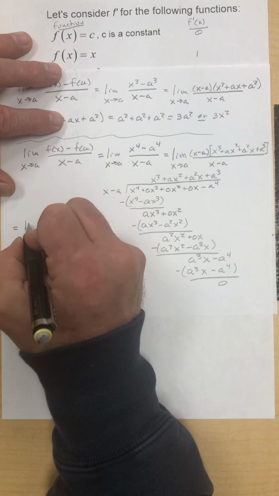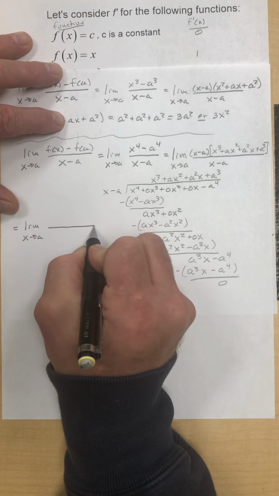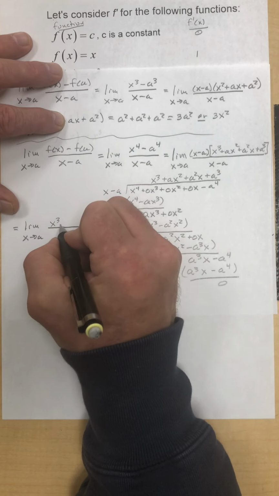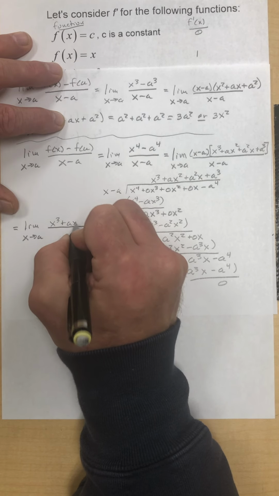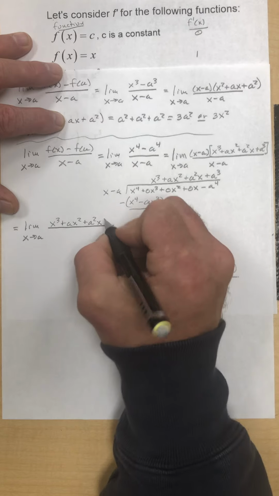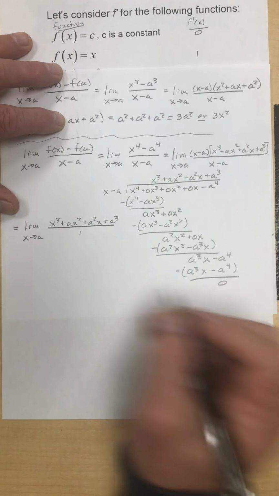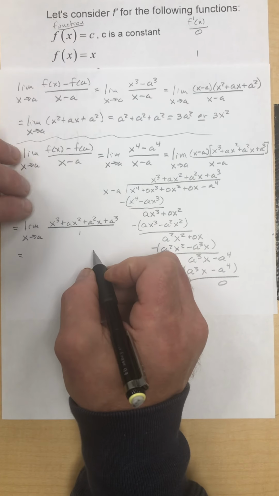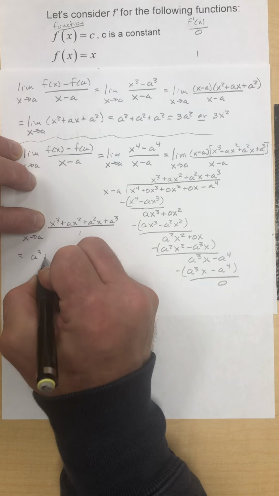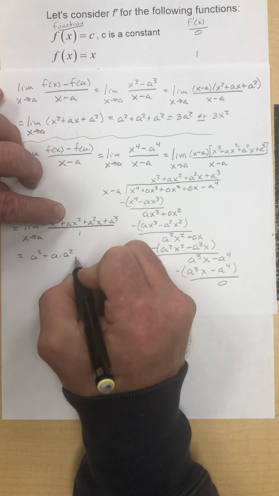So we are left with the limit as x approaches a of x cubed plus ax squared plus a squared x plus a cubed. Then obviously you would just have 1 down here, so it just goes away. So you say, well, what happens? As x approaches a, this becomes a cubed. Okay, this will become a times a squared.